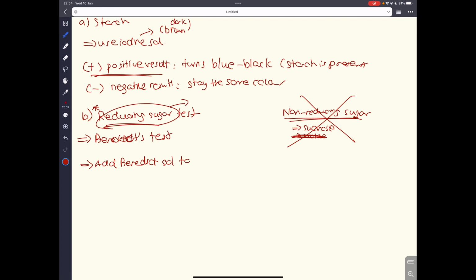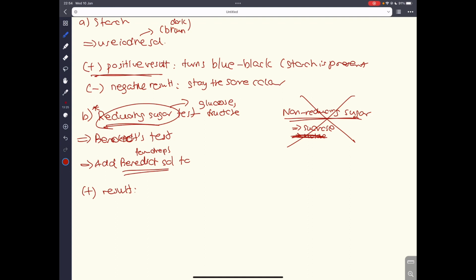Reducing sugar examples could be glucose or fructose. We add a few drops of Benedict's solution into the sample that you think contains this sugar.